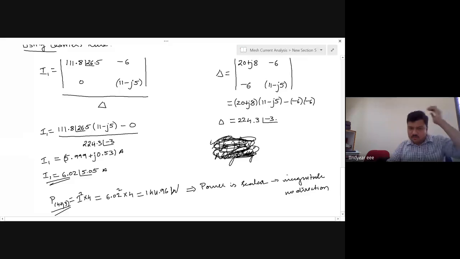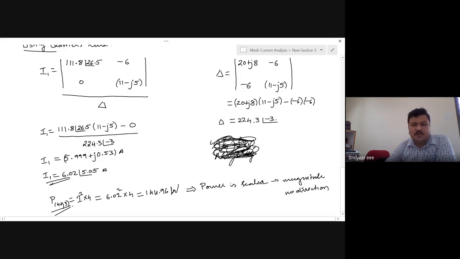The angle indicates the direction. A vector of 6.02 units at an angle of 5.05 from the positive x-axis in the anti-clockwise direction is the direction of the current I1. But power is a scalar quantity. Hence, I should consider only the magnitude while calculating the power.